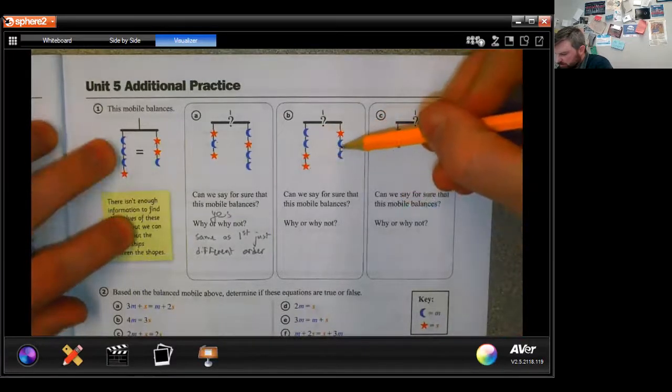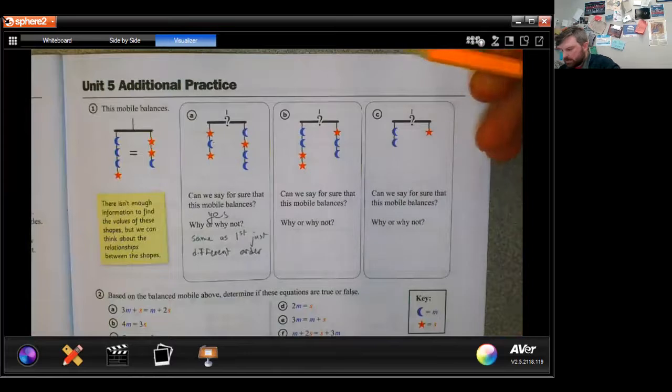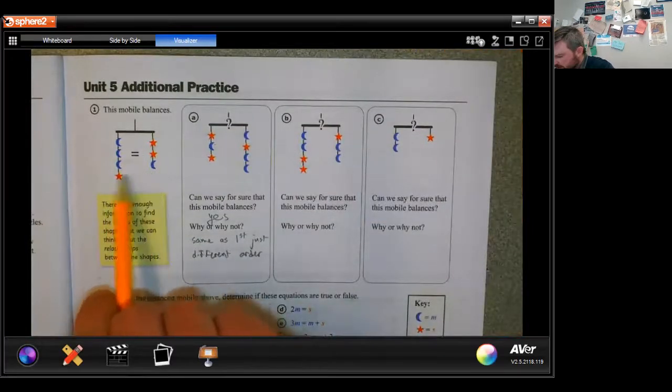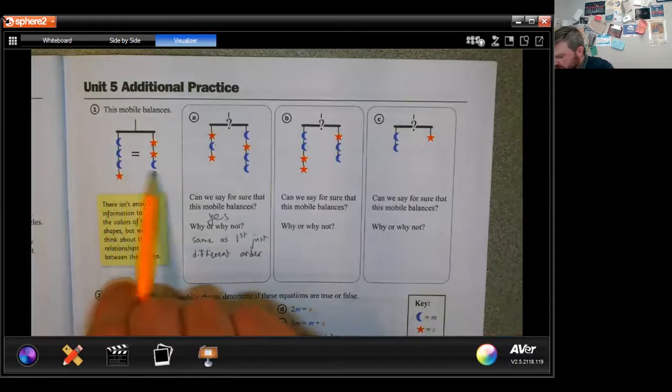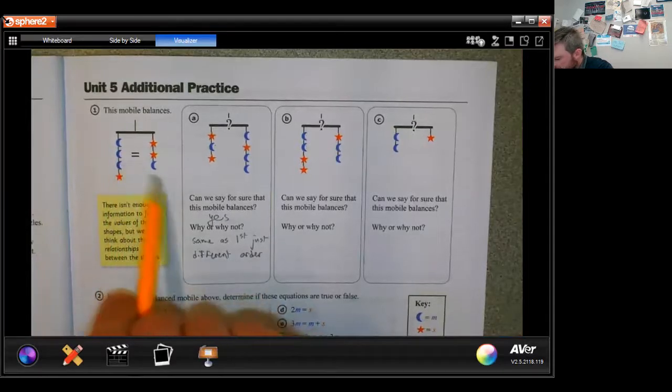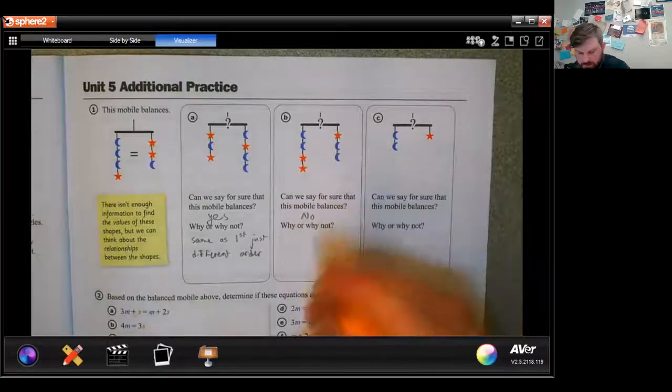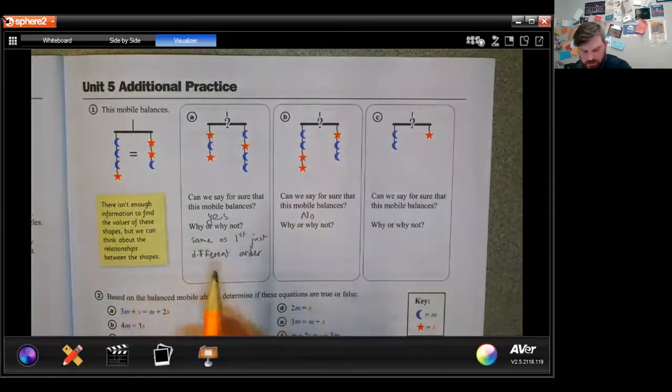I have 2 moons and 1 star, which I don't have over here. So it looks like here they may have just moved one of these stars or one of these moons to the other side, and I can't do that. So no, and a star switched with a moon.